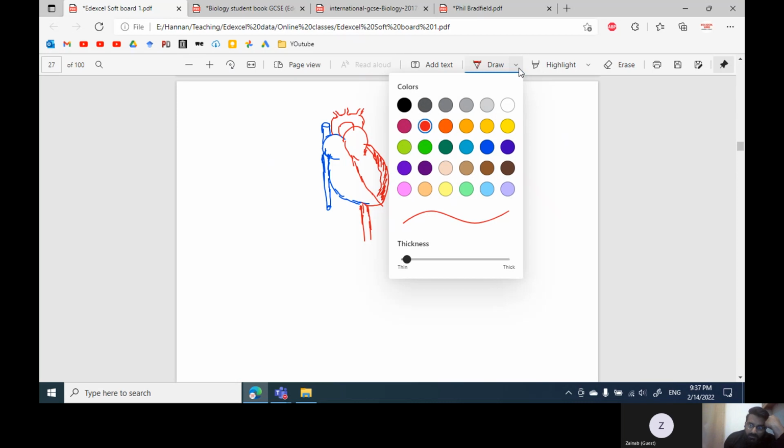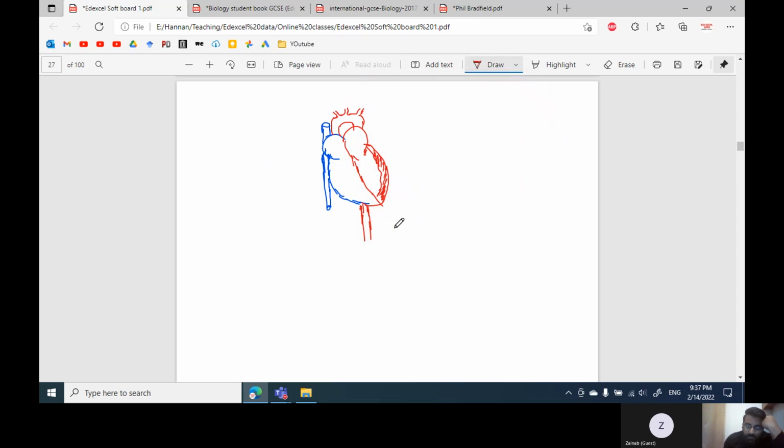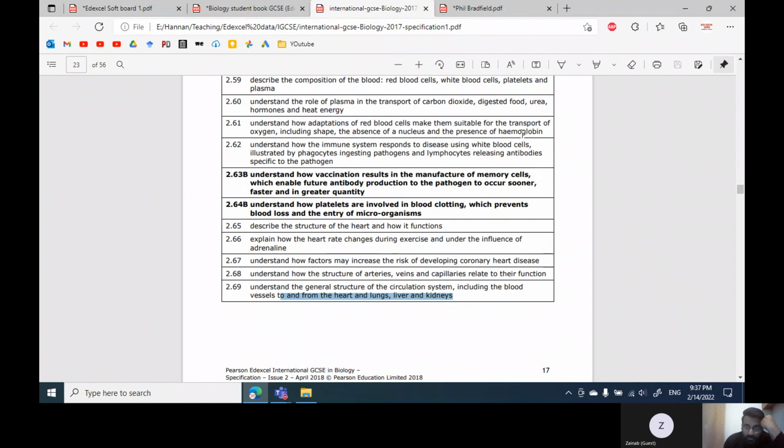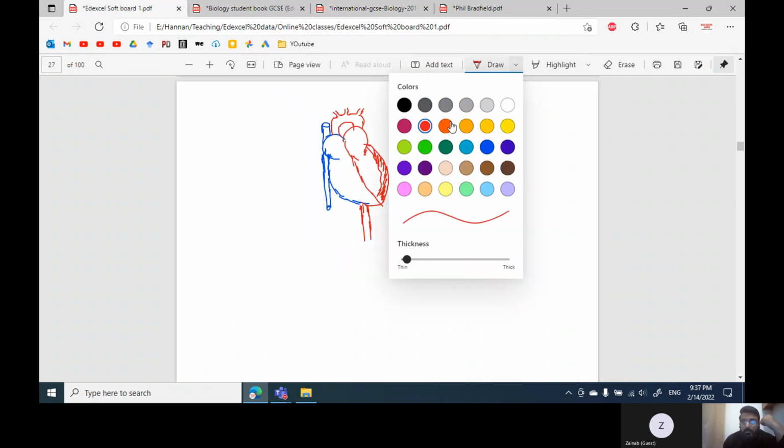They are supposing that we are going to discuss the flow of blood to and from some organs. For example, we have discussed the heart and lungs, right? Liver and kidneys. I'm going to discuss how the blood goes towards the liver and then comes back from the liver and kidney.